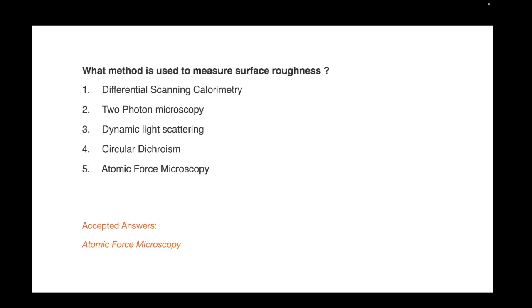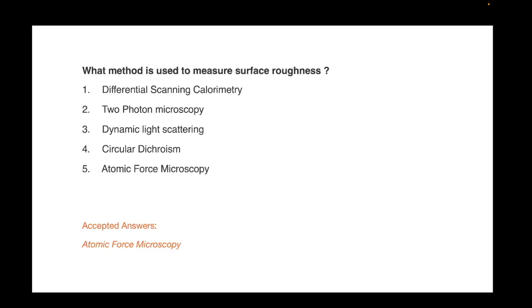Apart from that, if we look at the other devices, differential scanning calorimetry mostly gives information about the melting temperatures or the glass transition temperatures. Two photon microscopy gives an image of the deep tissue, and it is basically a fluorescence microscopy, which does not provide information about the roughness.